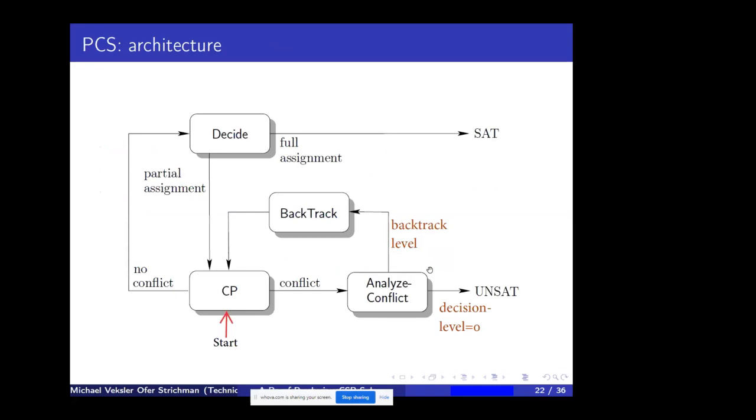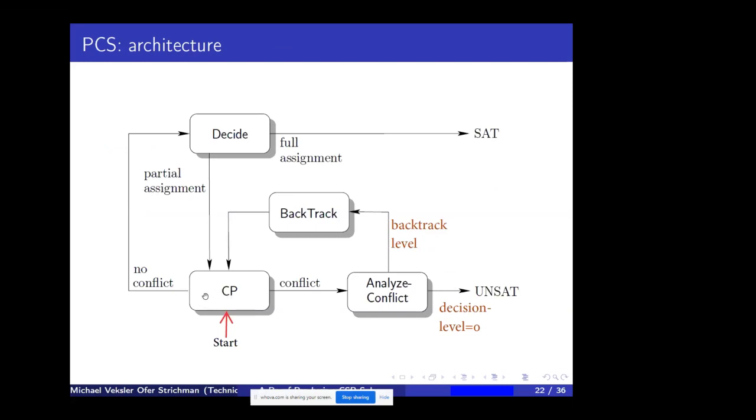Let's look at the architecture of PCS. As I mentioned, the architecture resembles very tightly the way that modern CDCL SAT solvers work. You just start with constraint propagation. If you're familiar with a similar diagram from SAT, what you have here is BCP, Boolean constraint propagation.